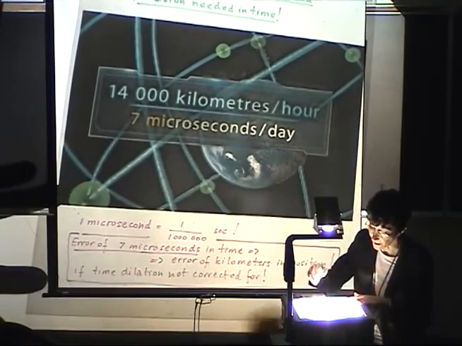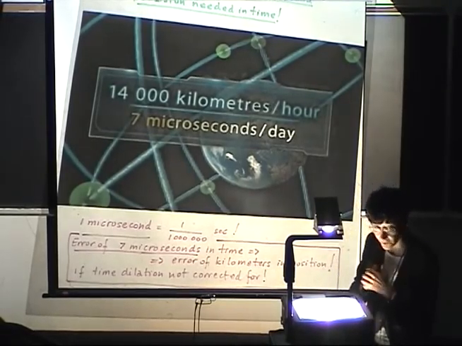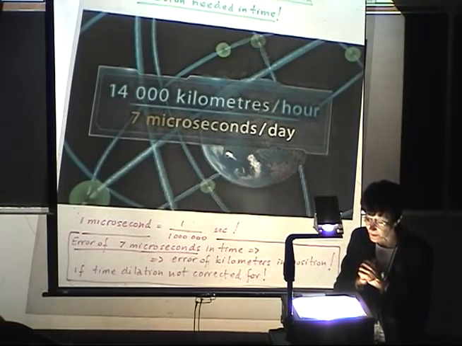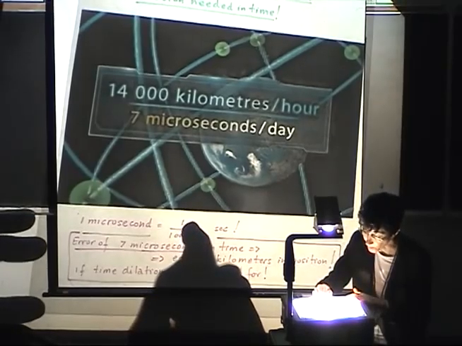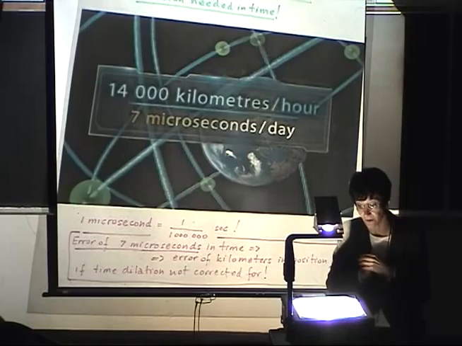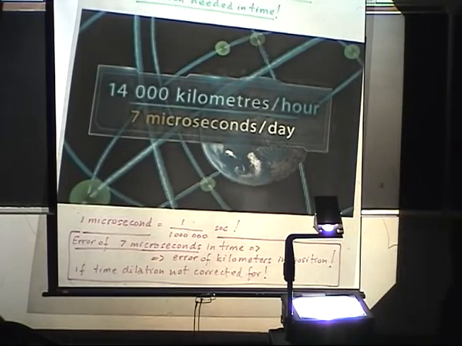And so if not corrected for the special relativity effect due to the velocity, the clocks would accumulate 7 microseconds per day. A microsecond is 1/1 million of a second. That means it's a rather large error with respect to a microsecond.